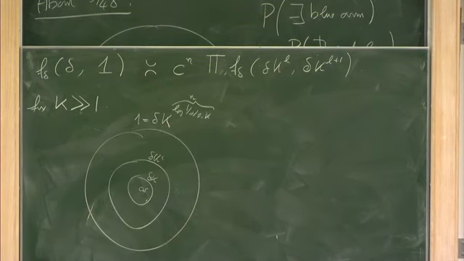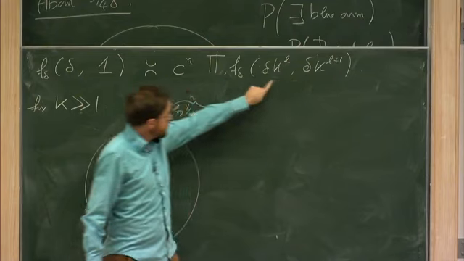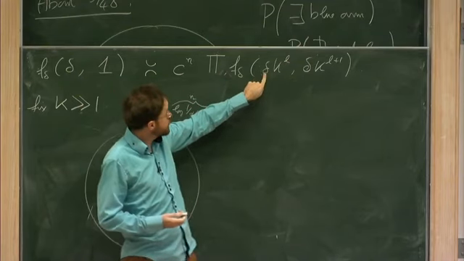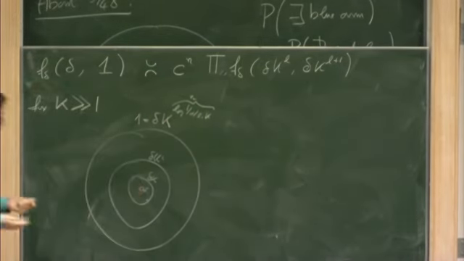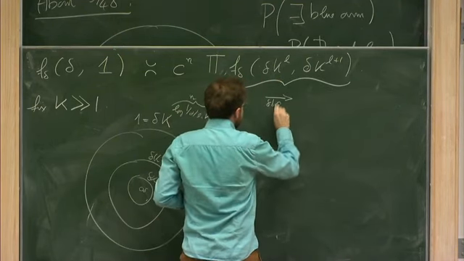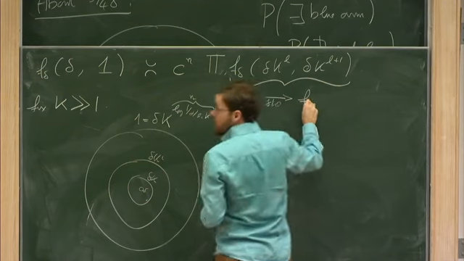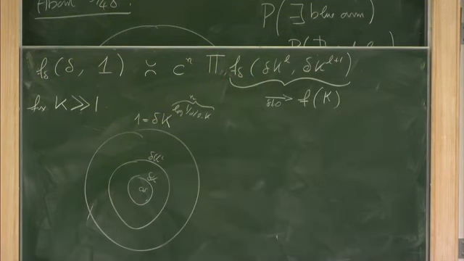And now, because of the statement of the scaling limit, for fixed k, as delta goes to 0, this is just the crossing probability in a big annulus between delta k^l and delta k^(l+1). So each individual term here converges as delta goes to 0 to exactly F of 1 over k, F of k, F of the ratio between the two radii here.